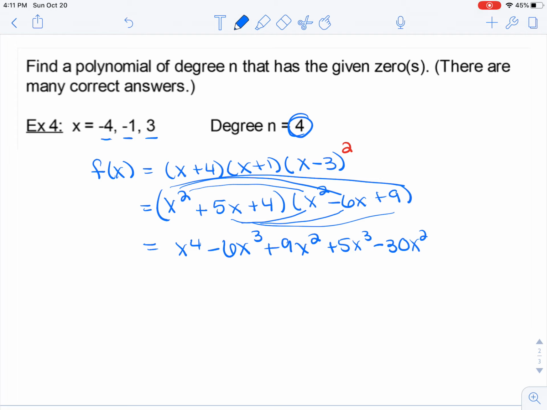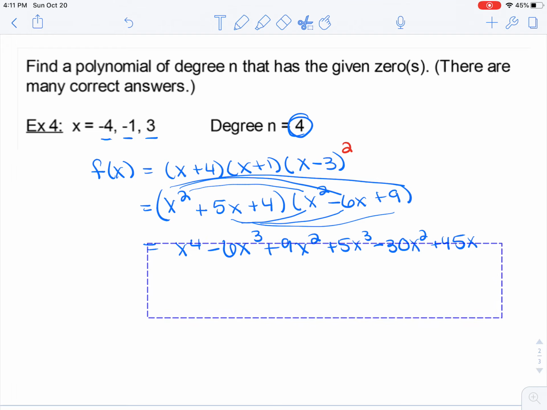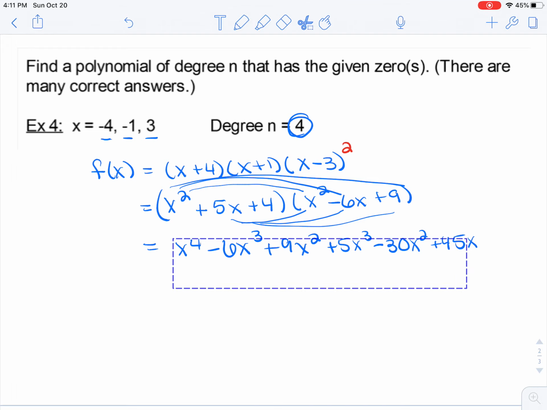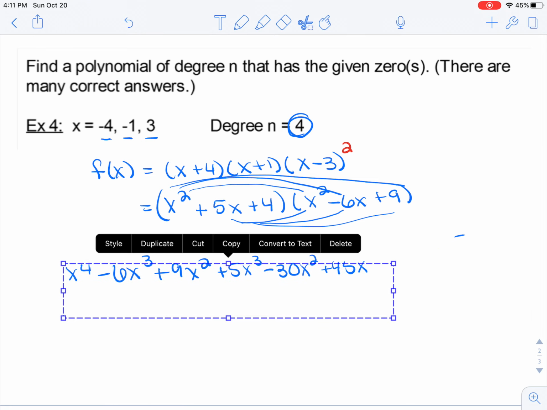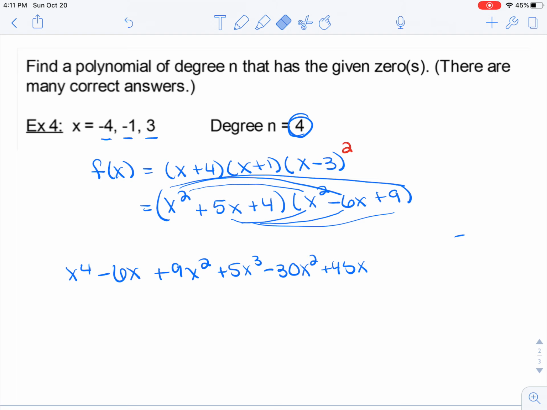And then 5x times 9, that's going to be 45x. Let me move this over a little bit. And then the last term we would have to distribute is that 4.